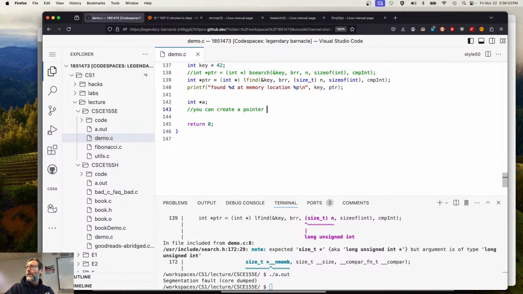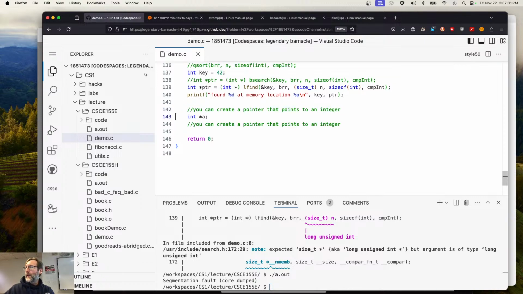You can create a pointer that points to an integer, right, just like this. Just like that, you can create a pointer that points to a function. Right? And cmp_int, the name of the function, ends up being its pointer. You're just referring to a piece of code stored in memory.